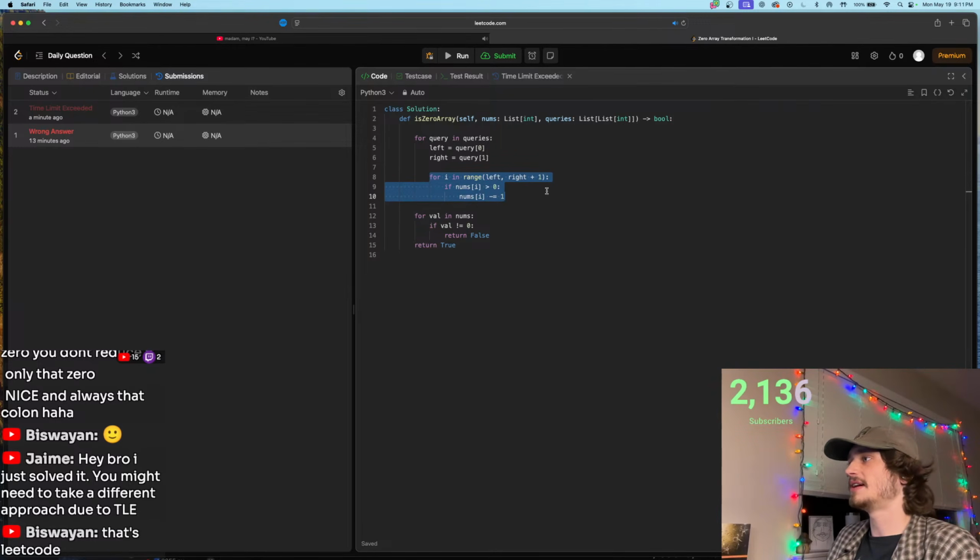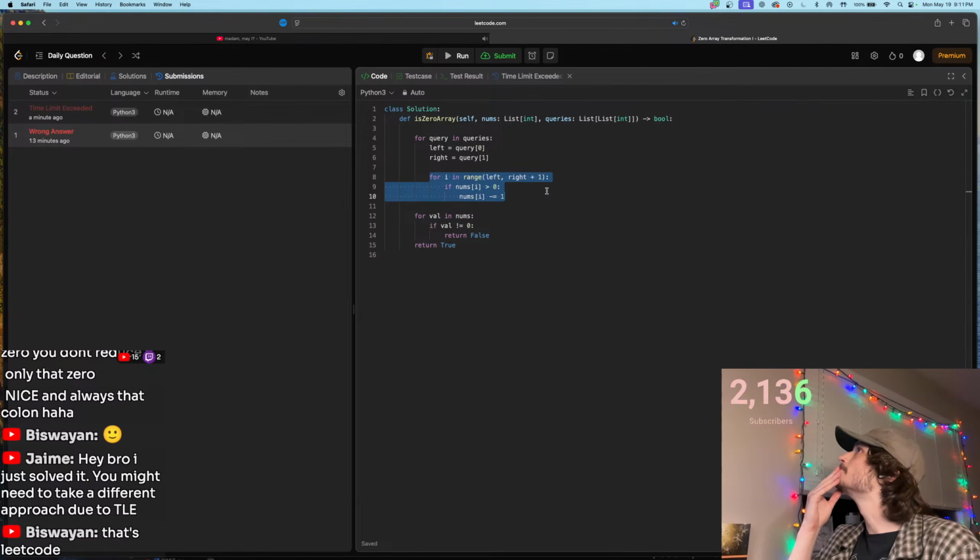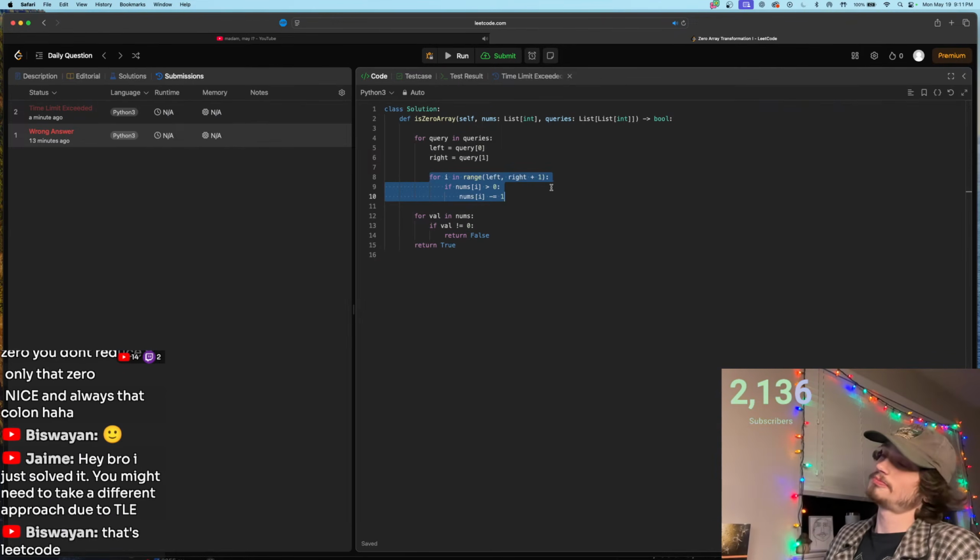It's technically done. So that would be a way to improve it. You can track seen indices, but your memory would grow proportionally to n for these seen indices, so that would be O of n memory.